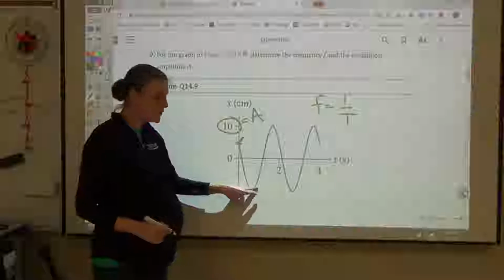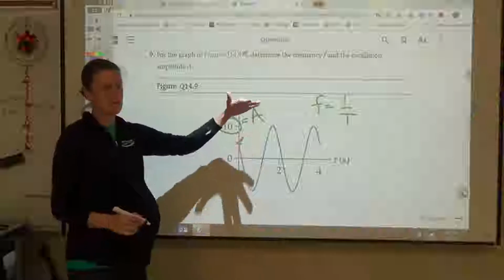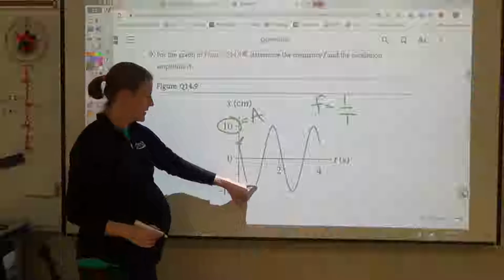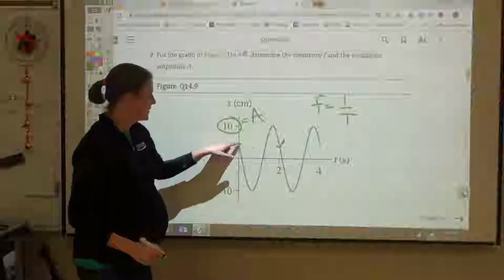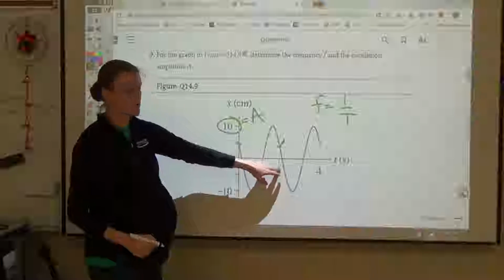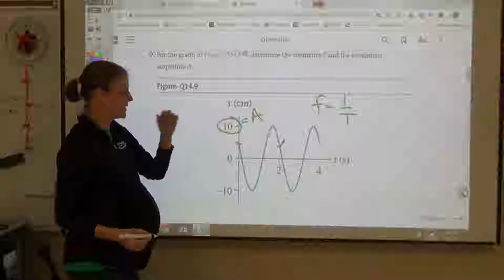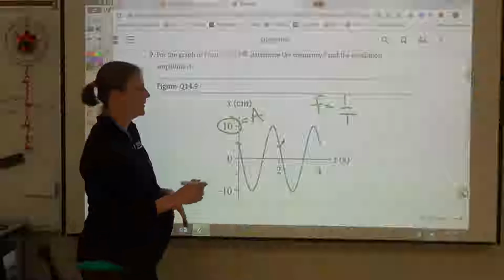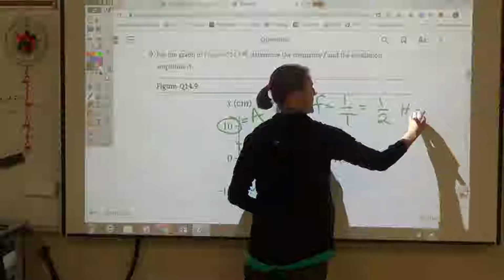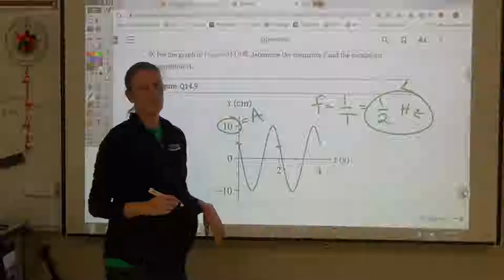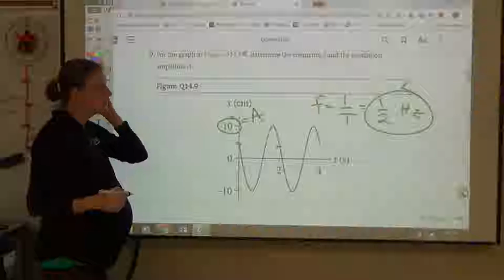Where have I done a full motion, the up and the down of your trig function graph? So gone down, back up, back down. That's one full motion. So that's 2 seconds is the period. It takes 2 seconds to do a full cycle. So the frequency would be half a hertz.